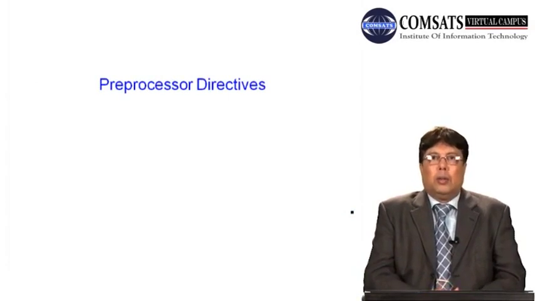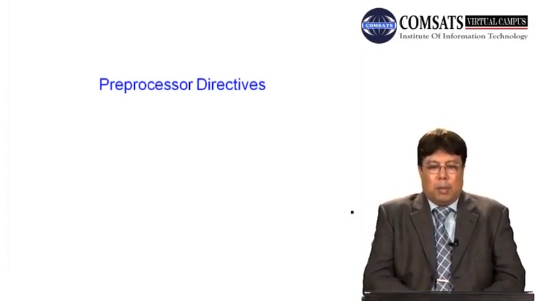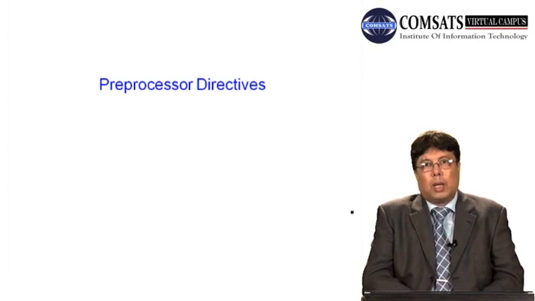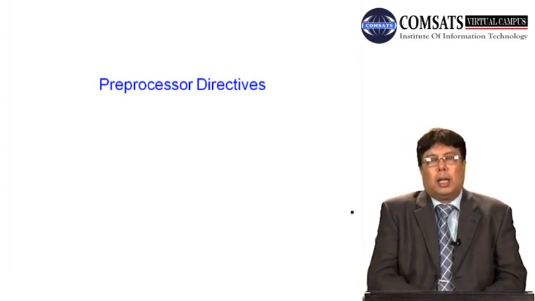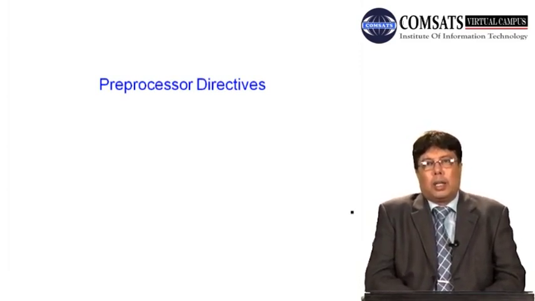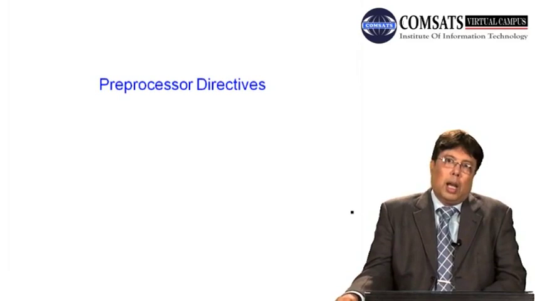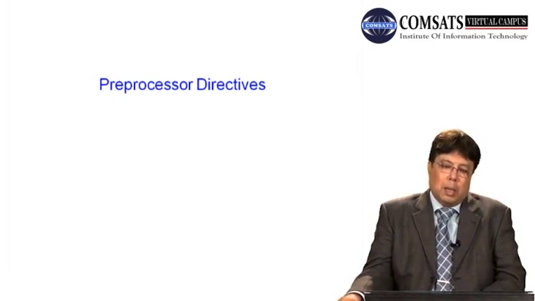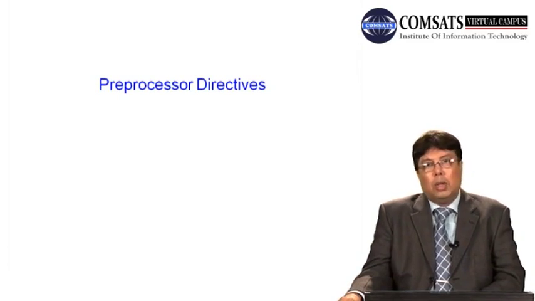Today we will discuss preprocessor directives. I promised you in the beginning that I will be delivering one exclusive lecture explaining all these preprocessor directives. So I have reserved this lecture, maybe some part of the next lecture as well, in which I will be explaining to you what these preprocessor directives are.